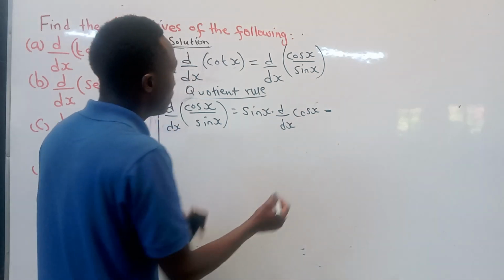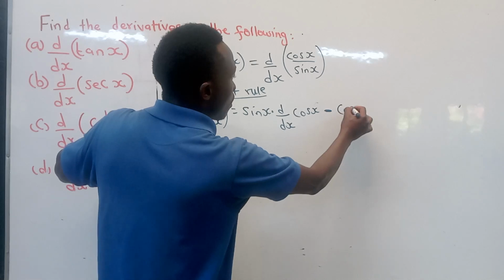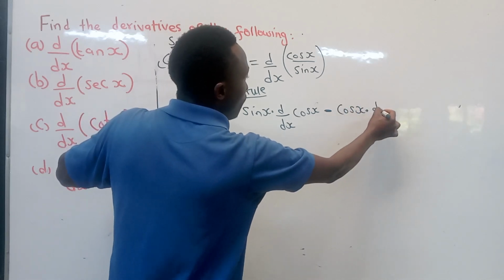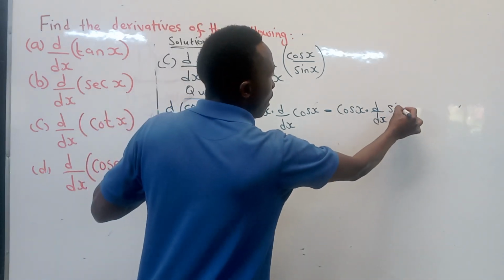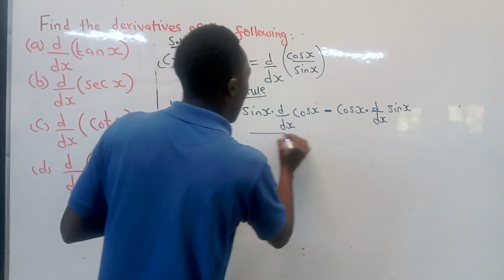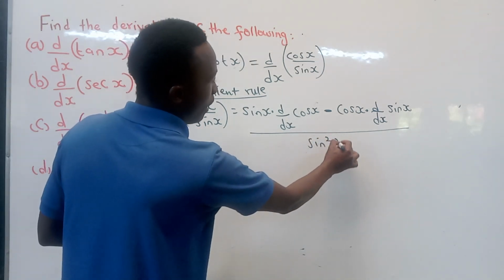Then we subtract, we hold the numerator as constant, cos of x, then we differentiate the denominator, that is sine of x, over sine squared x.